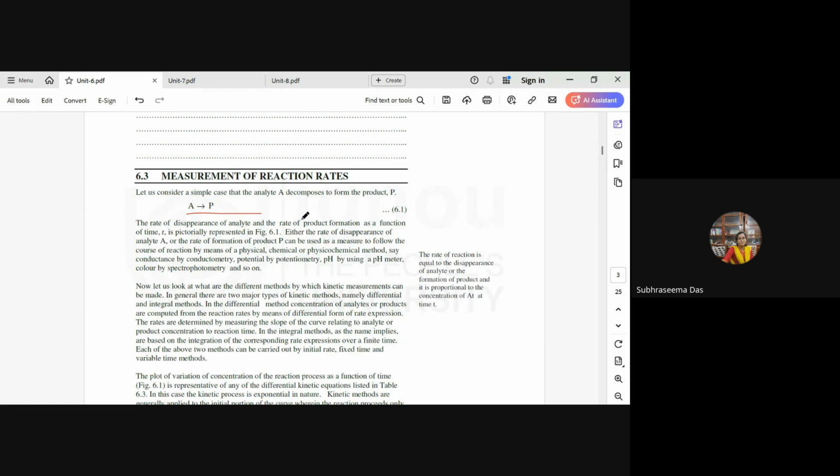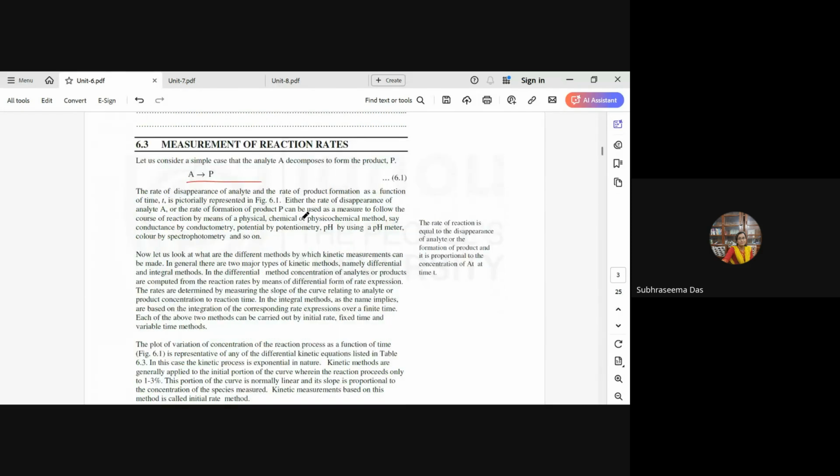From either one of these parameters, we can calculate the rate. The rate of this reaction can be measured by physical methods: conductometry, potentiometry, or the pH using a pH meter. In this way we can calculate the rate for simple reactions.